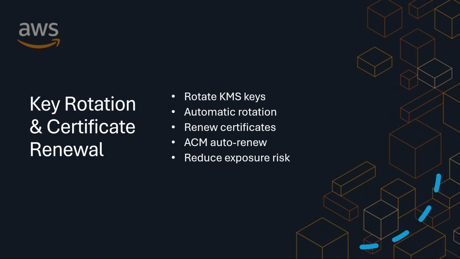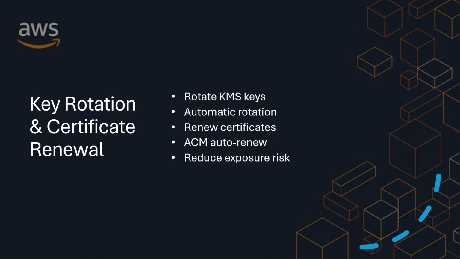A core component of security key management is regular rotation. Rotating KMS keys limits the amount of data encrypted with any single key, reducing the risk in case a key is compromised. AWS makes this easier by offering automatic annual rotation or allowing you to rotate keys manually.